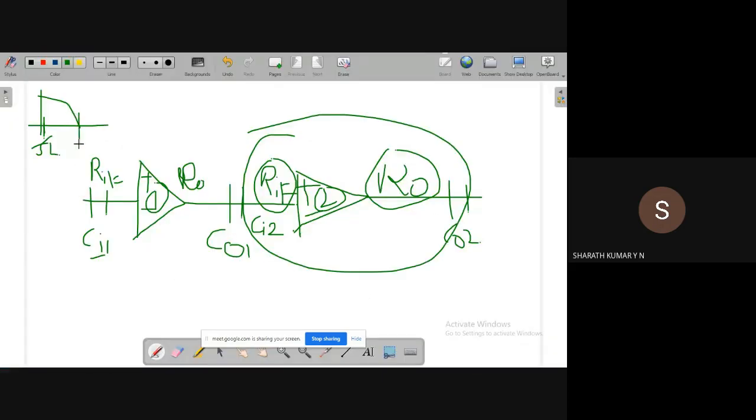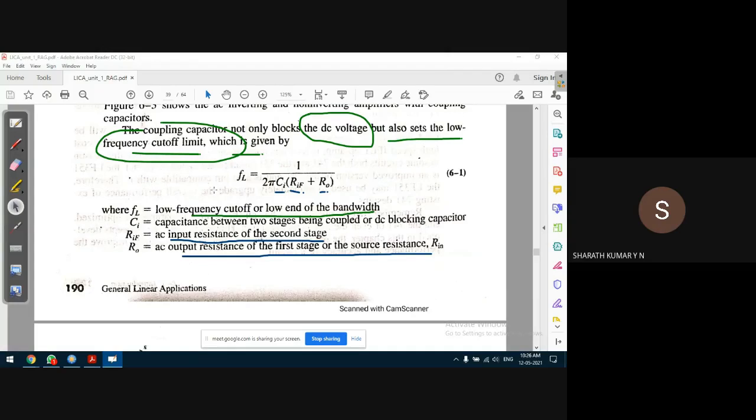This is the upper cutoff frequency, and this is the bandwidth. In this bandwidth, the lower end FL is set, or modified, by the input coupling capacitor, and hence the frequency of operation of the operational amplifier can be represented as 1 by 2 pi CA into (RIF plus RO).